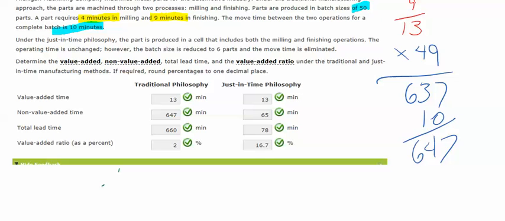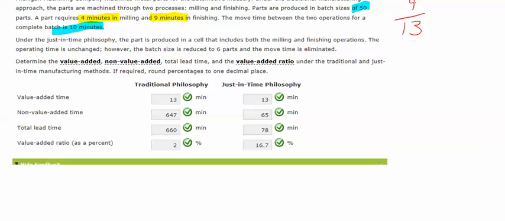Now let's look at the JIT method. Under the JIT method, we still have the same value added time and the processing time doesn't change. However, we do have a change in that our batch size is 6 parts, and our move time is eliminated. So those are significant.